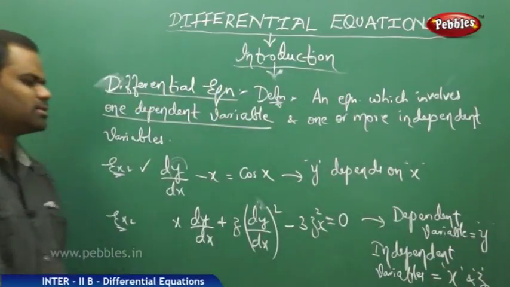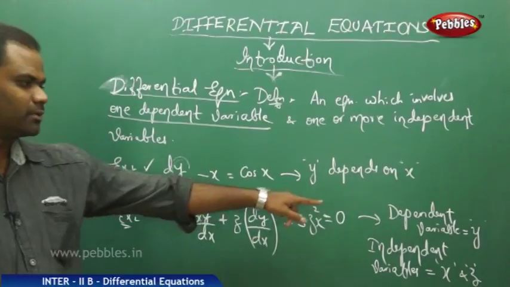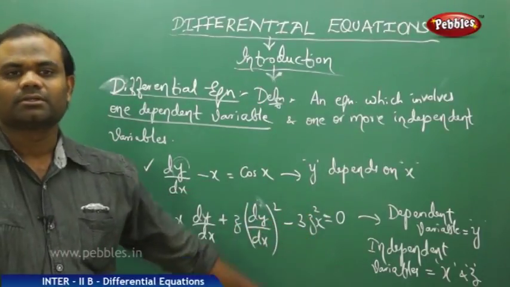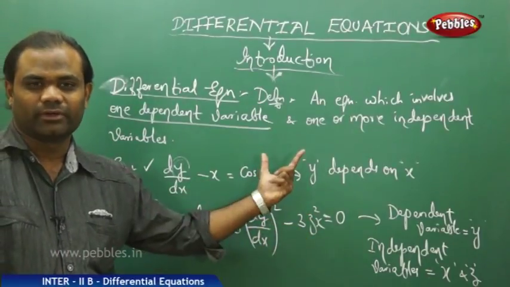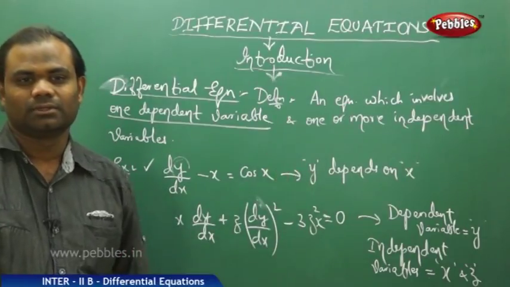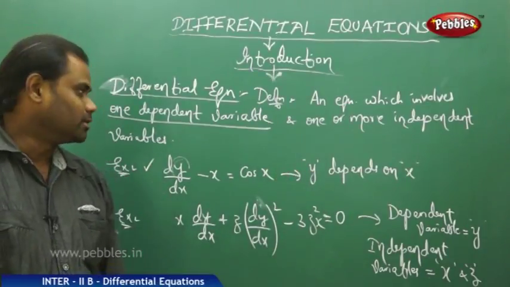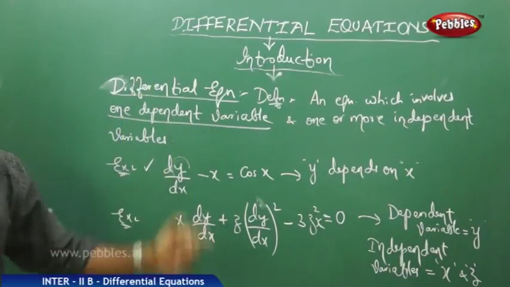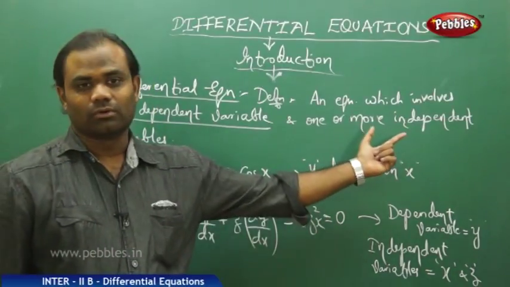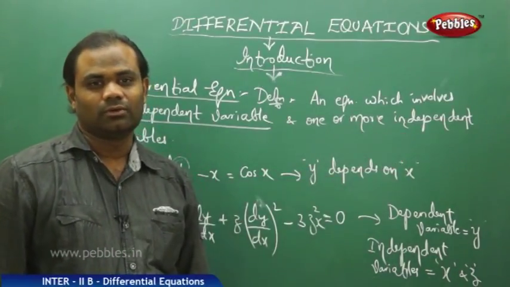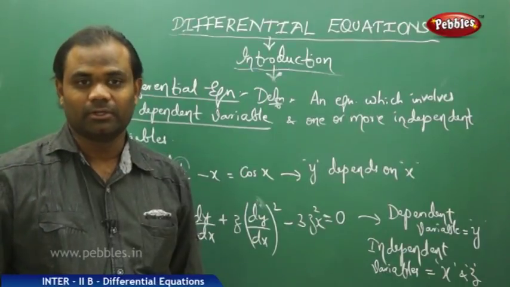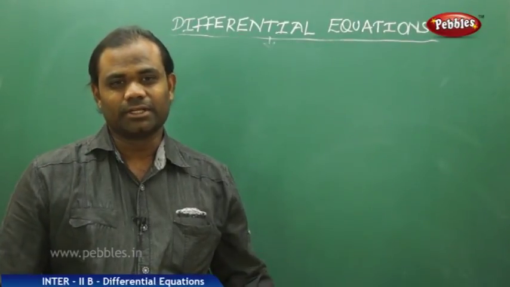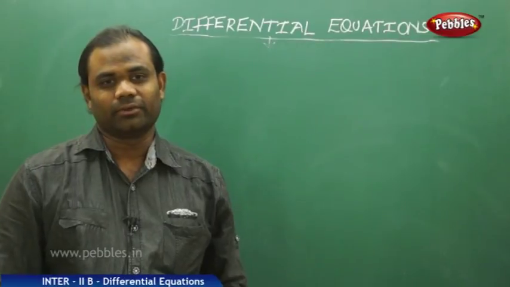This is how we understand the difference between dependent variables and independent variables for the given differential equation. For a differential equation, there is only one dependent variable, but it can have one or more independent variables. Only one dependent variable. Now next, let's see the types of differential equations.